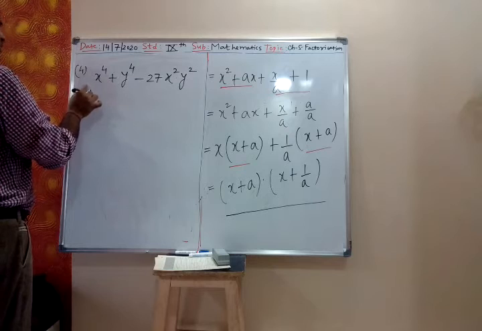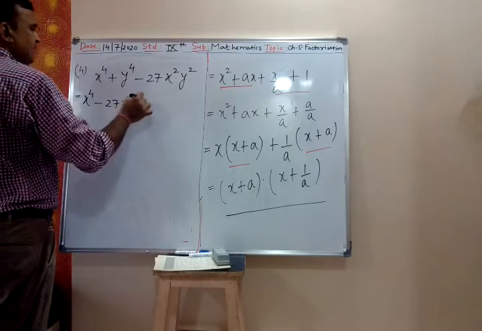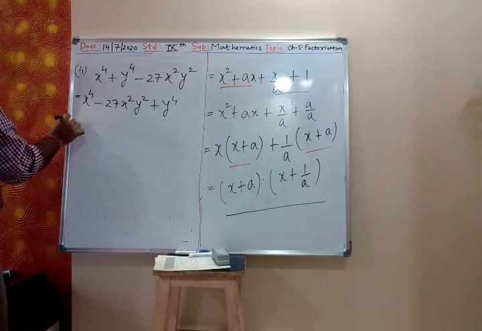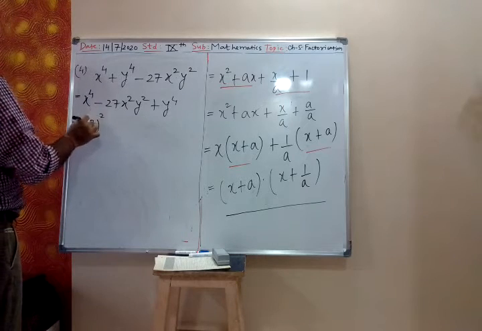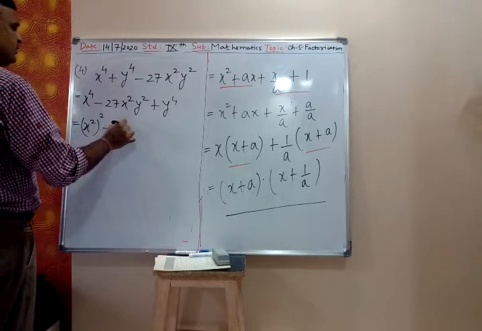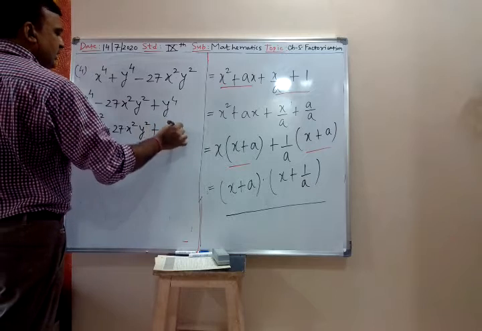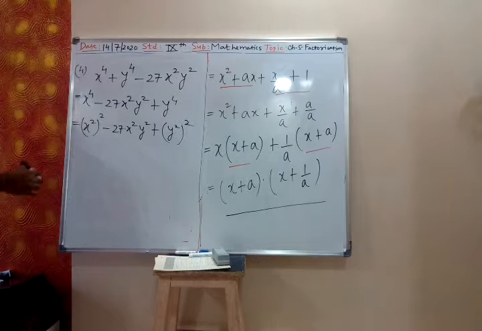Then x raised to 4 minus 27 x square y square plus y raised to 4. I am just rewriting x raised to 4 as x square, power raised to power, multiply the powers, then 27 x square y square plus y raised to 4, I can write as y square.